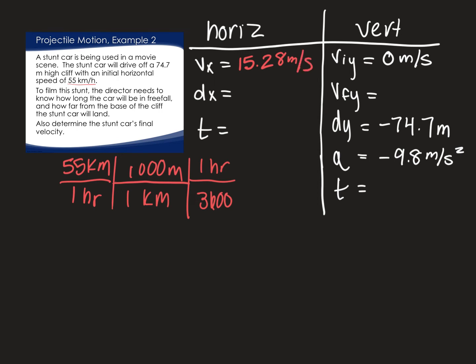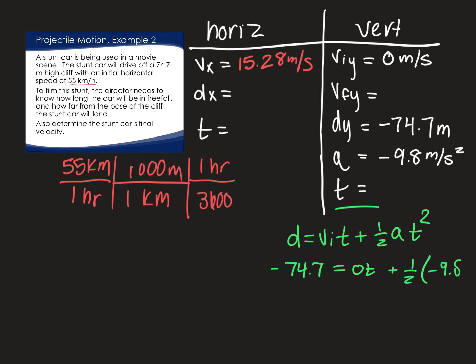Okay, so what is the easiest thing to solve for first? Your answer should be time. So let's use the vertical information we have to find time. All right, so let's use d equals VIT plus 1/2 AT squared. So negative 74.7 equals 0T plus 1/2 times negative 9.8 T squared.